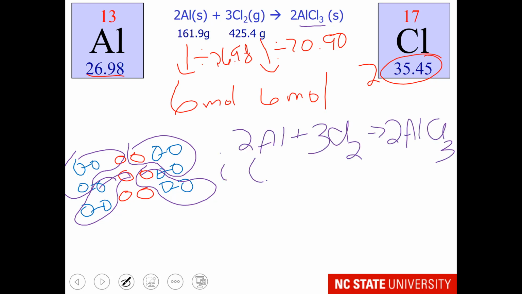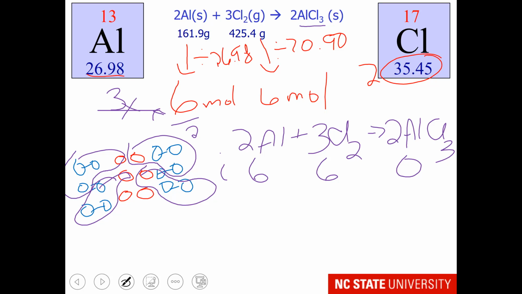Initially, I'm going to start with 6 moles, and 0. As far as my limiting reactant goes, I have 6 moles of aluminium divided by 2, so that means I can run the reaction 3 times.